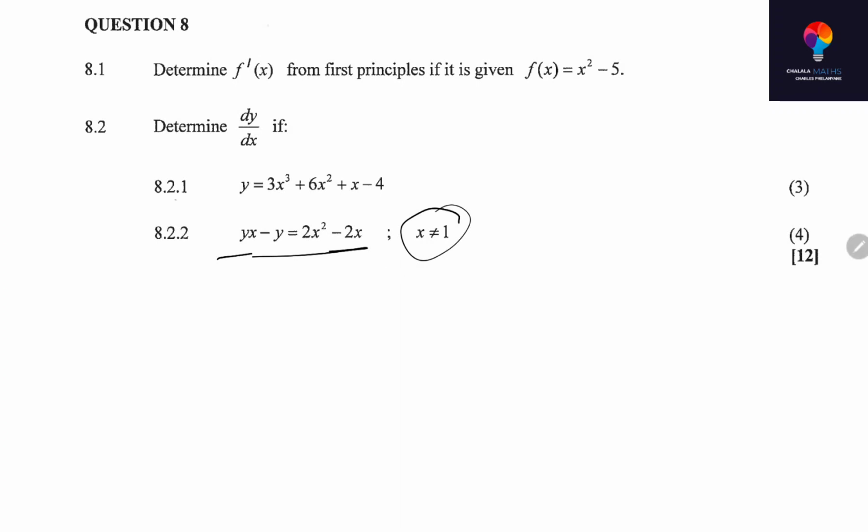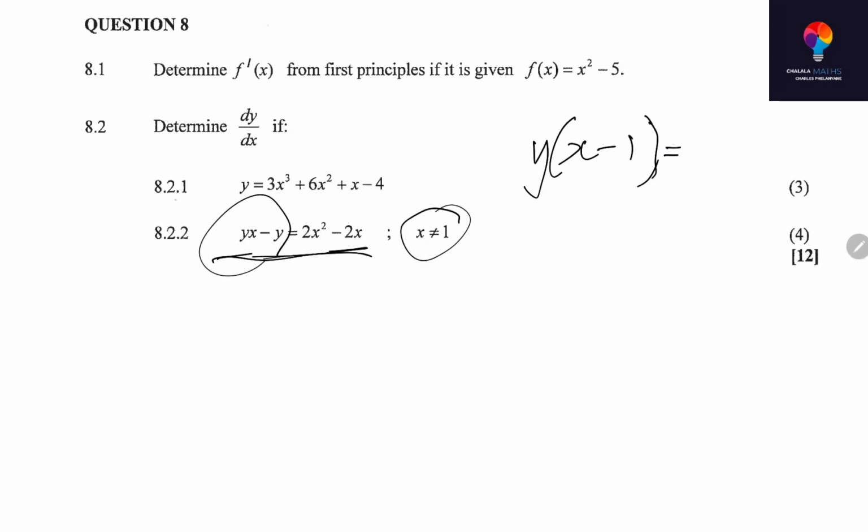Therefore, let's simplify this expression before we can find the derivative. What is common here? It's y, so I'm going to take out y. When you multiply it by x, it's going to give you yx minus 1. When you multiply y by minus 1, it's going to give you that minus y.